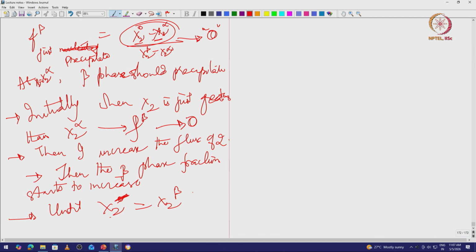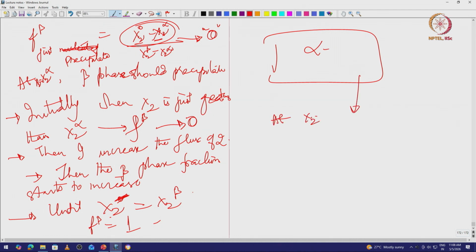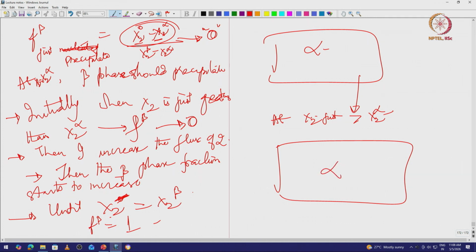I keep on increasing the 2 atoms such that x2 equals x2 beta. Then your material, which started with complete alpha, at x2 just greater than x2 alpha will have some little beta phase here, right.